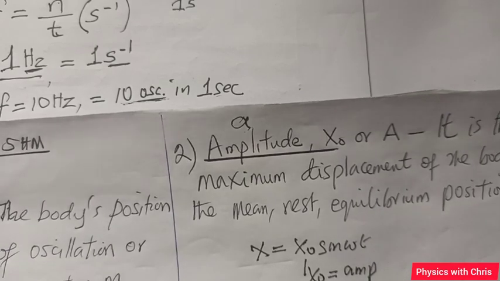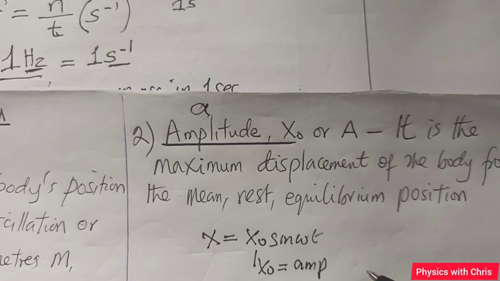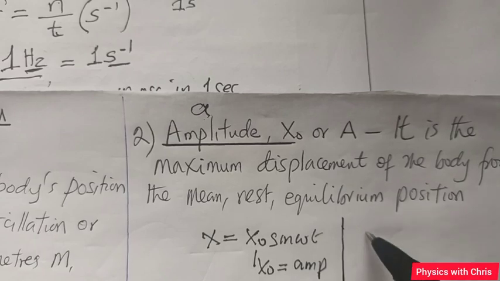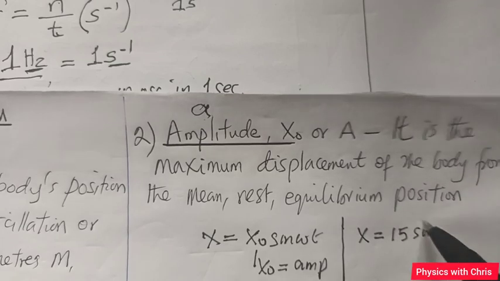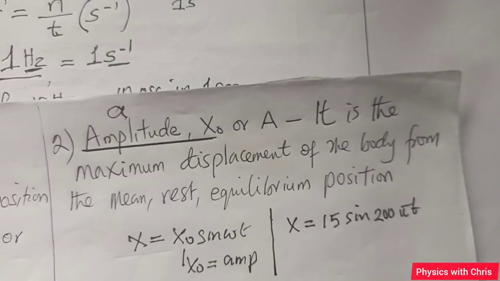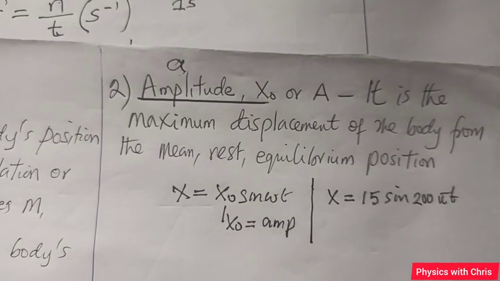For example, you'll be given a question like this: a simple pendulum oscillates in simple harmonic motion, and this is how the displacement varies with time. x is equal to, they may say, 15 sine 200 pi t, something like this will be given to you, and they say from this determine the amplitude of oscillation. So you just simply compare these two equations.